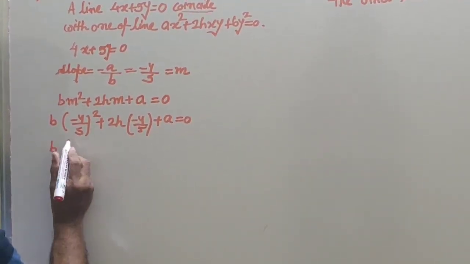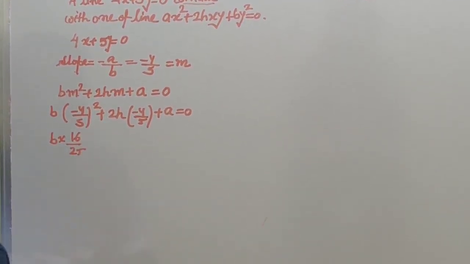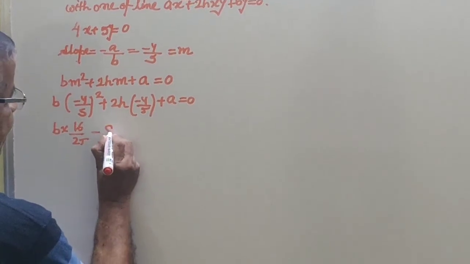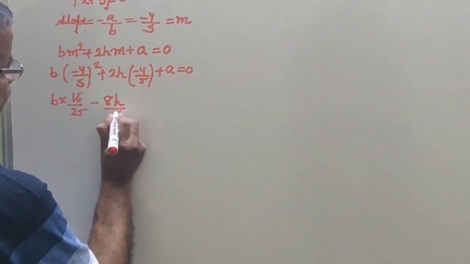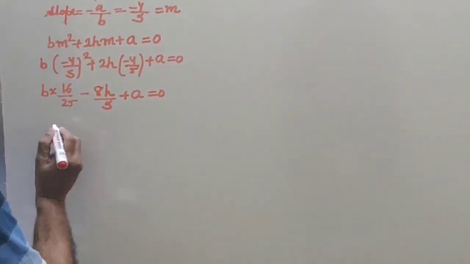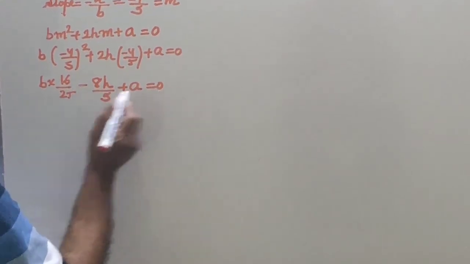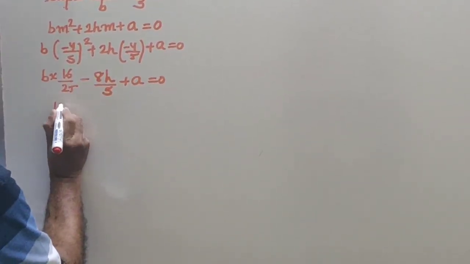What will come here? b into 16 upon 25 minus 8h upon 5 plus a is equal to 0. What is the LCM of this? It is 25. So I will multiply the whole equation by this.